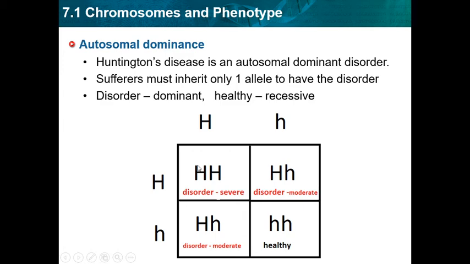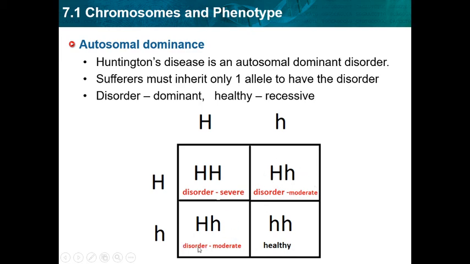So it means that if it is severe, this child will experience early death and may not survive to reproduce, okay? Then, since it is a dominant disorder, this one also has the disorder. If it has a capital letter, it means it is dominant and it has the disorder.